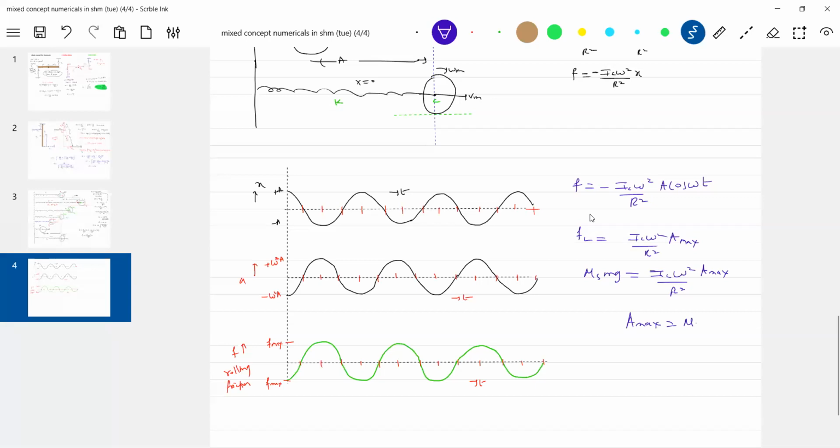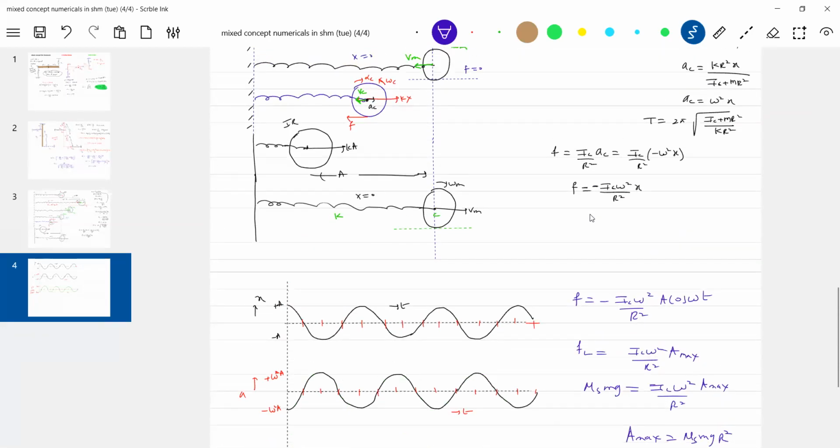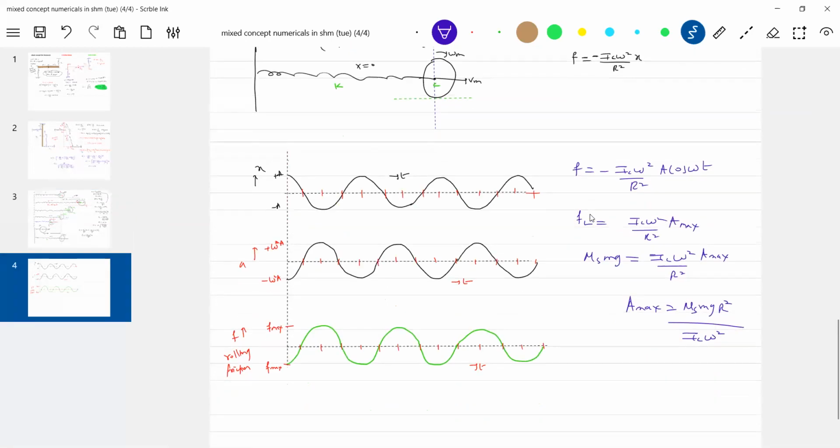A max equals mu s mg R square by I_C omega square. Omega value we know, and the time period from there. Substitute the time period, and that will determine the maximum amplitude.